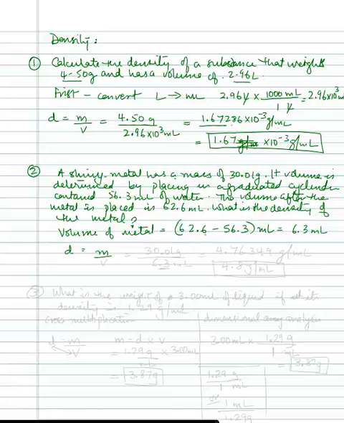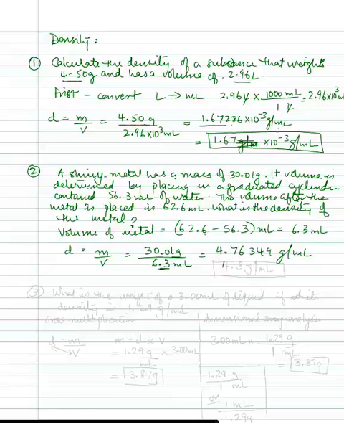Density is again mass over volume. The mass of the solid is 30.01 grams. The volume is 6.3 milliliters. So once you do the calculation, it will be 4.76349 grams per milliliter. Now you have to round this off to the lowest significant figure, since this is division.